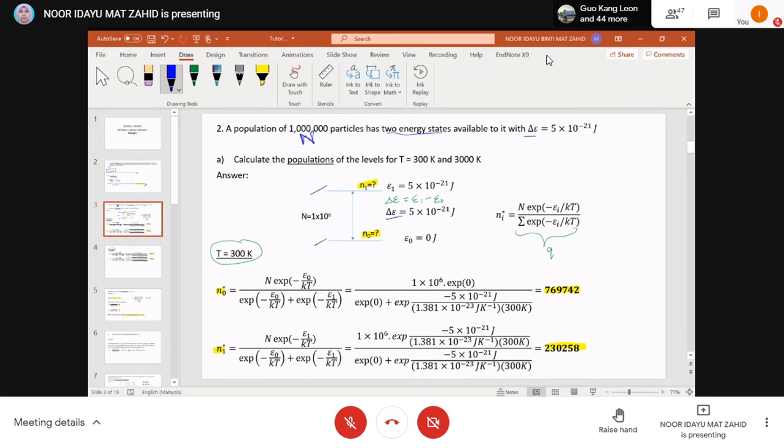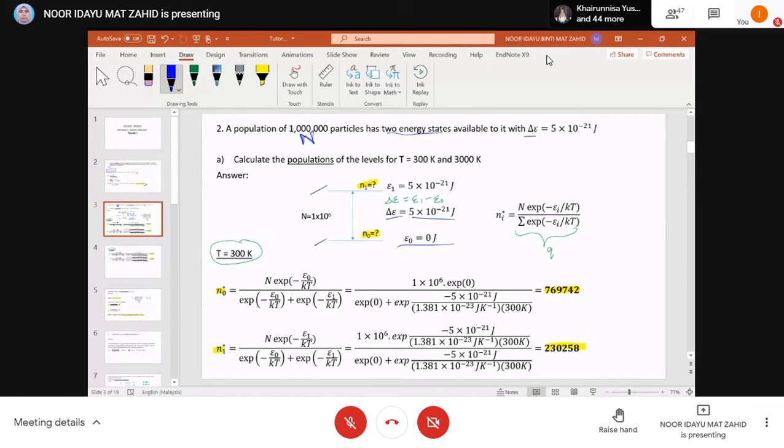So what are the values for each energy state? A simple assumption, you can always assume the lowest energy state or the ground state equal to 0 joule, and the higher one would be 5 times 10 to the power of negative 21 joule, because we know that the difference between energy state 1 and energy state 0 would be equal to the value given in the question.